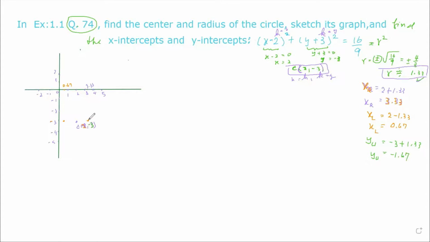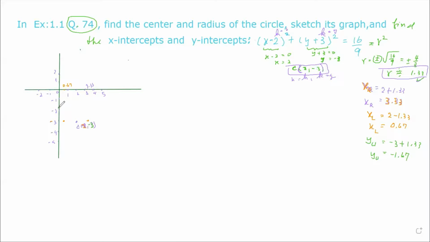Y at -1.67, negative 1.67, should be around here, correct? Around here. You really have to match the X equal to 2 here, this point.